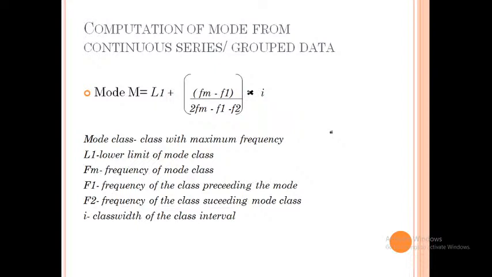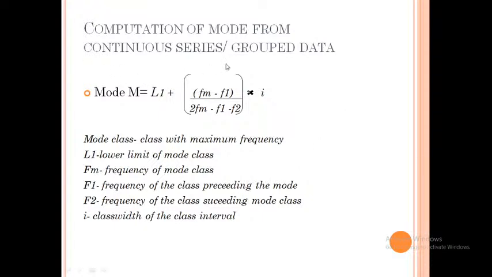In this equation, L1 stands for the lower limit of the mode class. Fm is the frequency of the mode class. F1 is the frequency of the class preceding the mode class, preceding meaning the class just before the mode class. F2 is the frequency of the class succeeding the mode class, and i stands for the class interval.